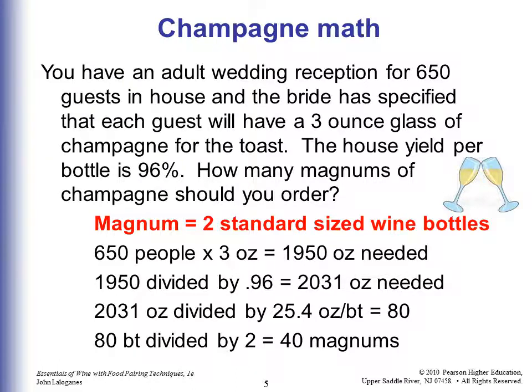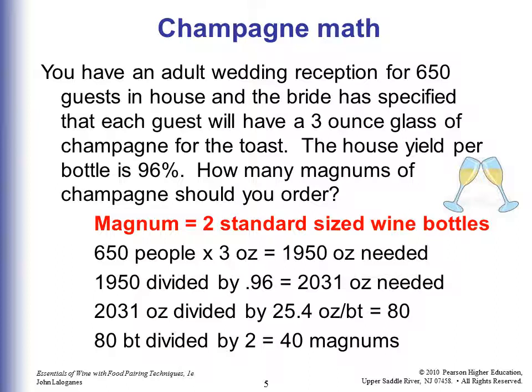So again, you had 650 guests. You want to have 3 ounces of wine each. The house yield, what they get out of a bottle, is 96%. If you had 100 ounces in bottles, you'd get 96 ounces, and the other 4 ounces flew out when you opened up the champagne or whatever.